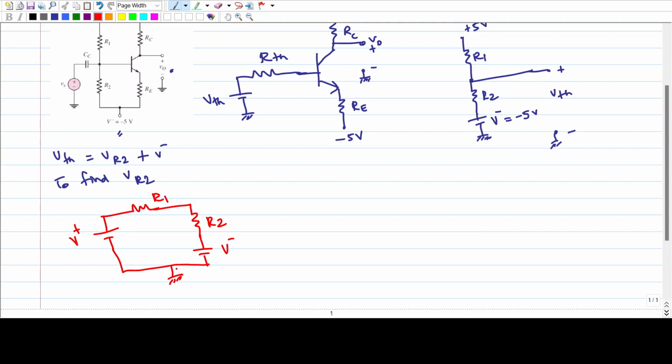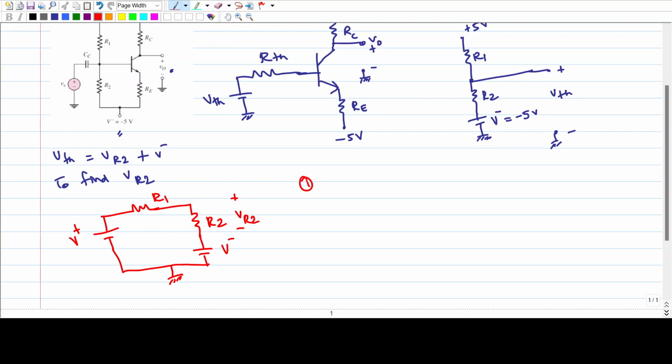Now I have to find VR2, which is the voltage across this resistance R2. I am going to use the superposition theorem, which says that at a time we can use only one source, and the remaining I can make 0.